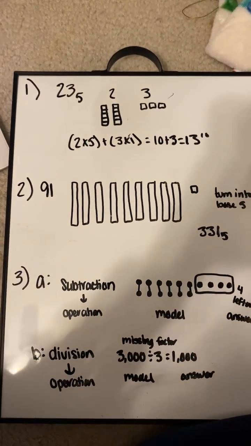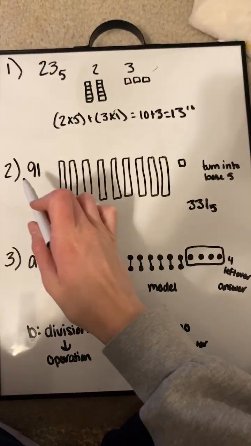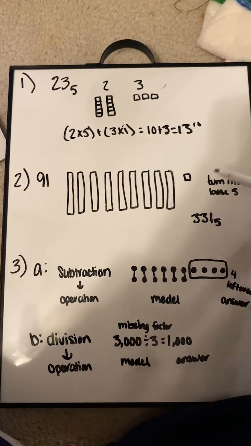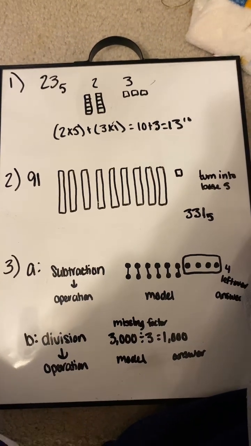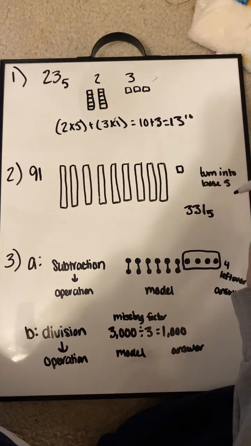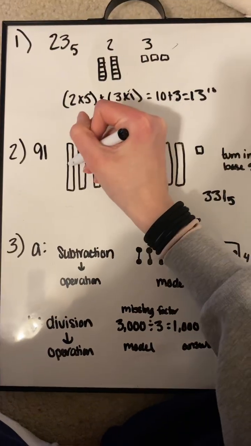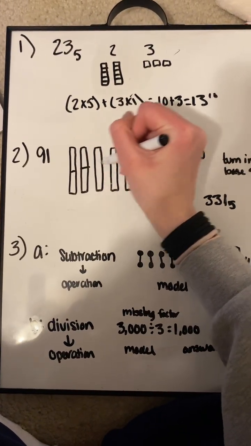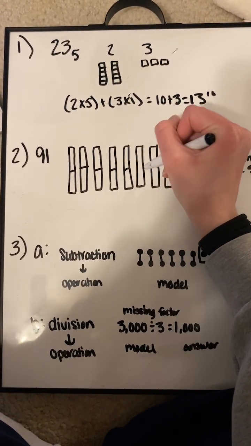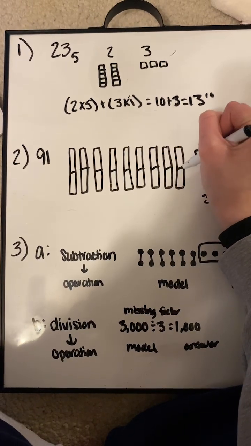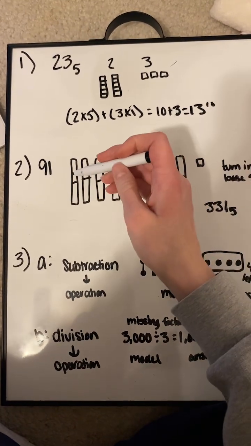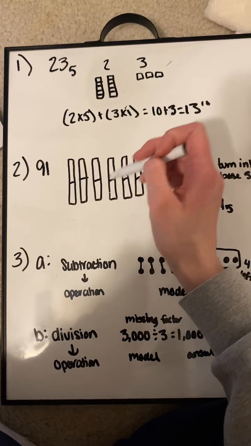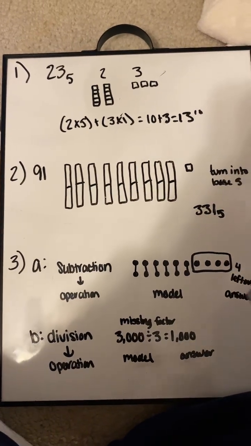For number 2, you start with 91, so I did 9 longs and then a unit cube. So then, to turn it into base 5, I have to make all of these longs into smaller longs. So this will be 5, 5, 5, 5, 5, 5, 5, 5, 5, 5, 5, and so on.